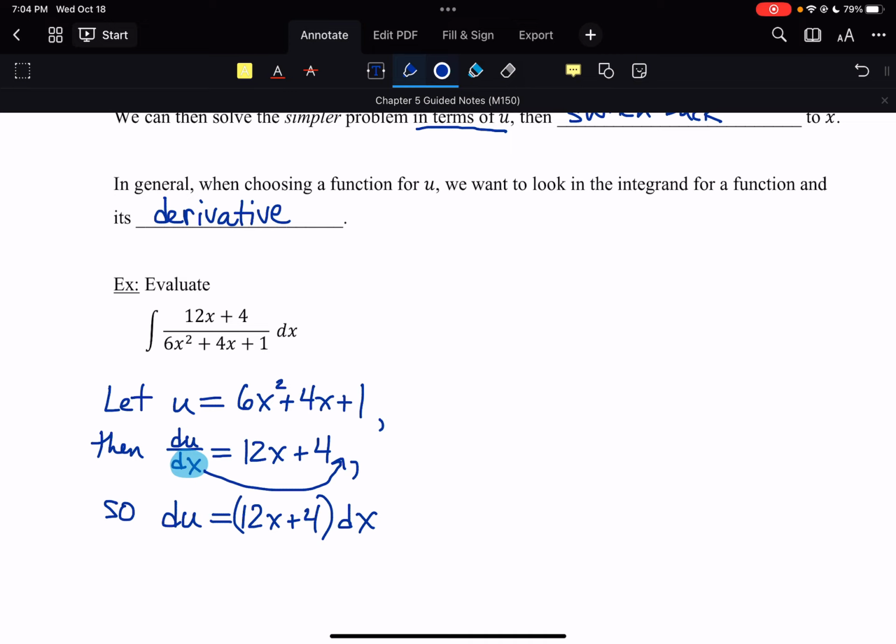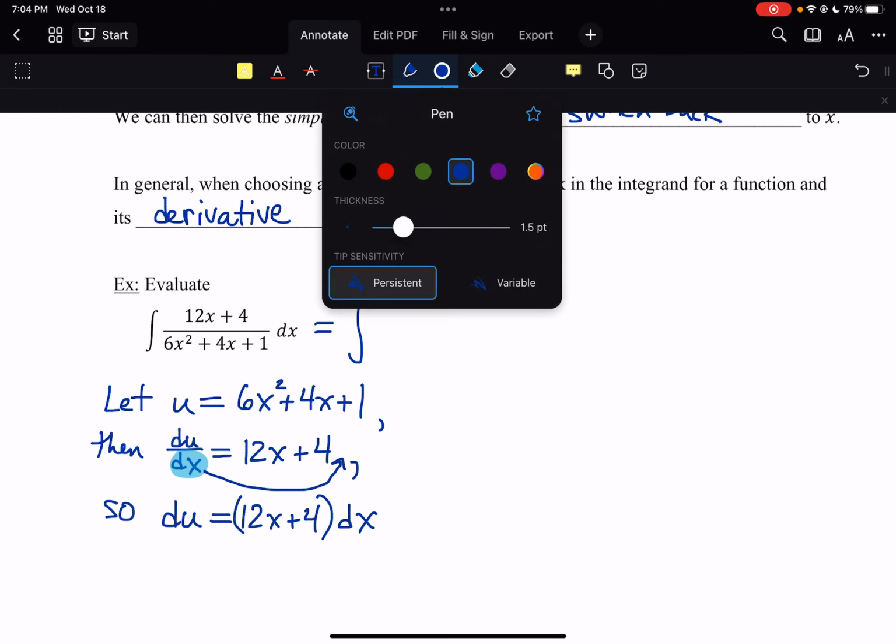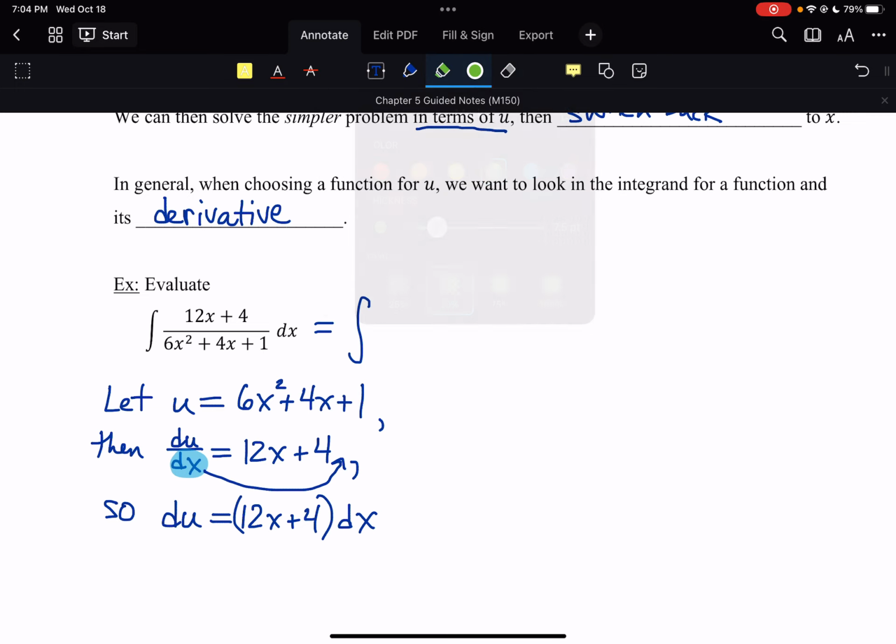So our goal here is to substitute all of these x's, all of these functions of x, for functions of u instead. So if we look at what we have here, 6x squared plus 4x plus 1, that's going to get replaced by u.